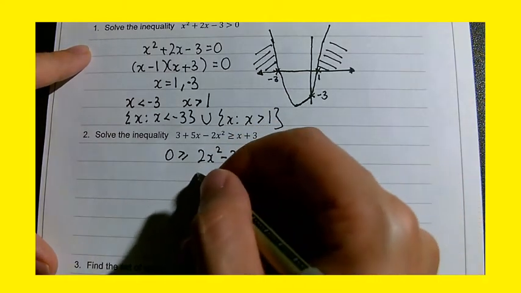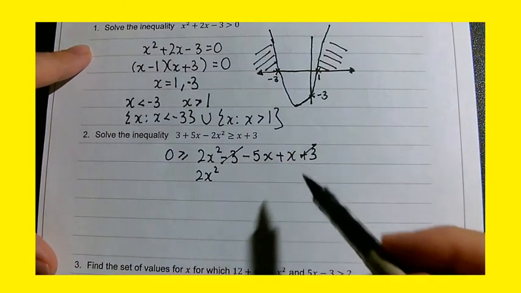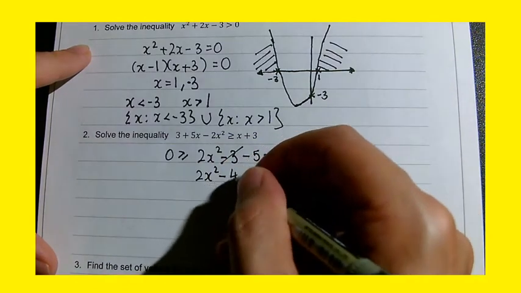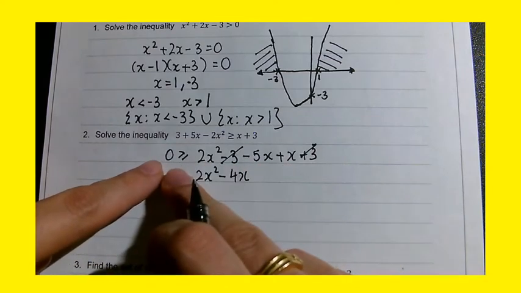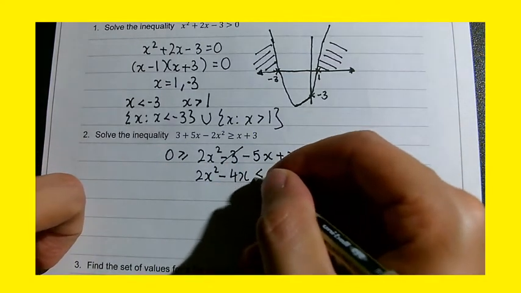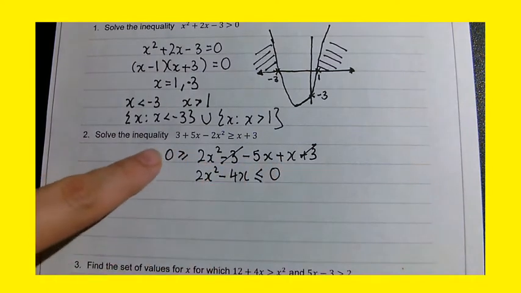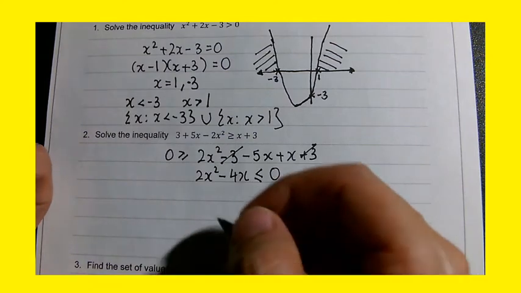Okay, and if I tidy this up a little bit, the minus 3 and the plus 3 cancel, and then you've got minus 5x plus x, which is minus 4x. But all of that is less than or equal to 0, so I can just rewrite that as that. Okay, because everything on the right hand side was less than or equal to 0, I'm just going to rewrite it in a form which is easier. Now what I'm going to do is factorise out the 2x.